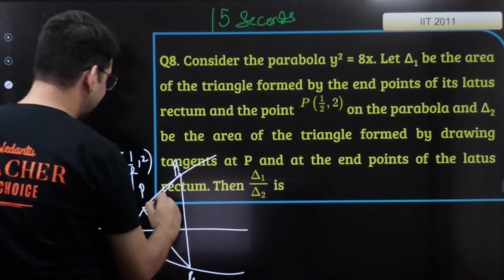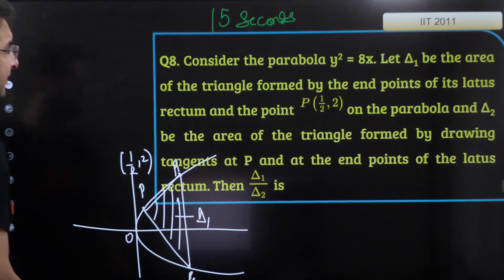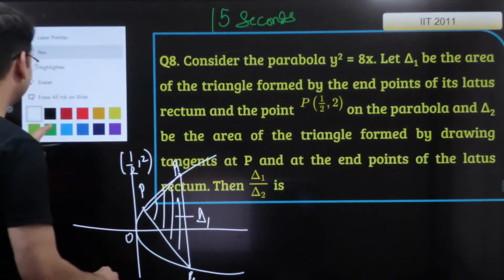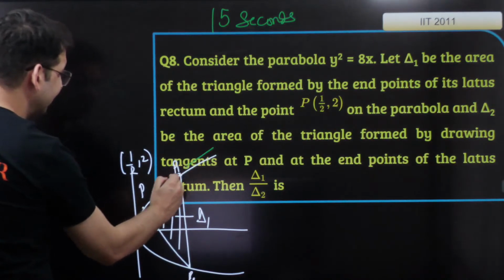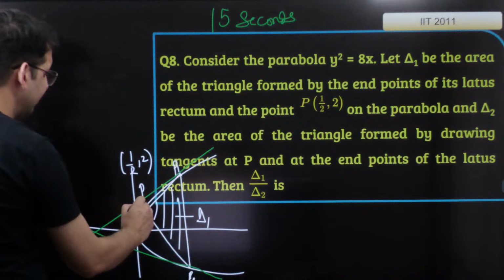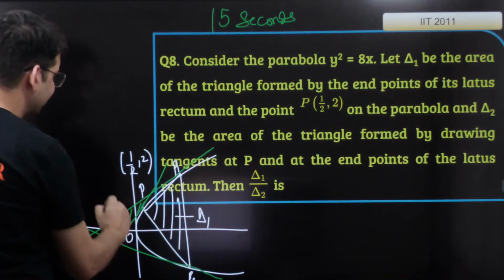So this is delta 1. Delta 2 is the area of the triangle formed by drawing the tangents at P and the end points of the latus rectum. So you draw a tangent at P1, a tangent at P2, and a tangent at P. So this is delta 2.